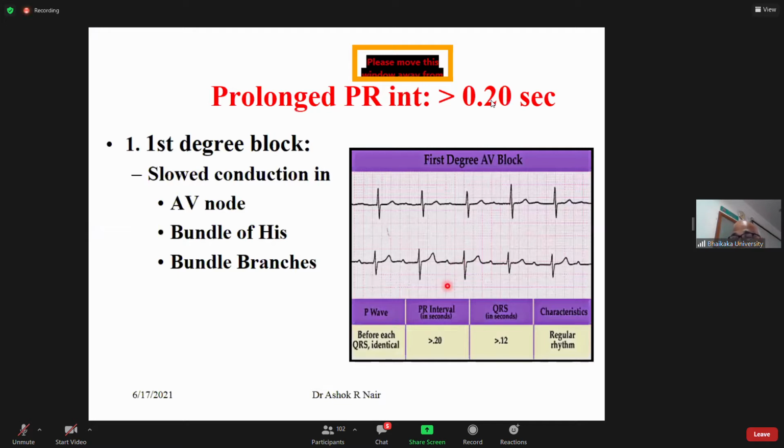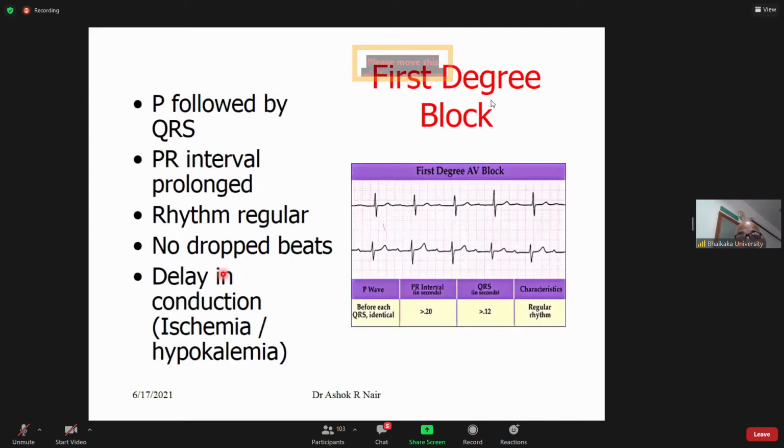It's a sinus rhythm, but the PR interval is prolonged. It might be due to slowed conduction at the AV node or bundle of His or bundle branches. In the first degree block, only the PR interval is prolonged. There is no dropped beat. Conduction might be delayed due to conditions like ischemia or hypokalemia.